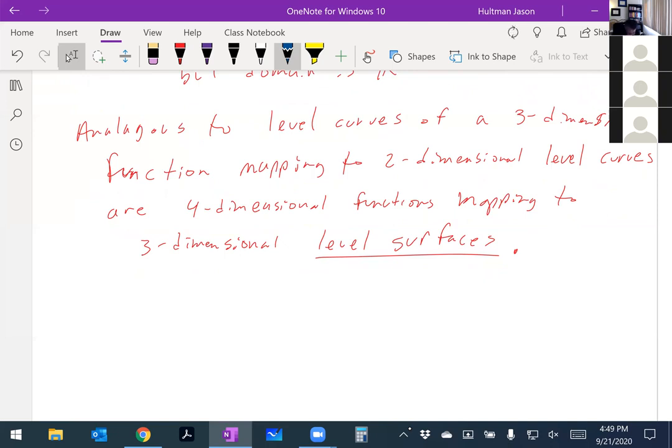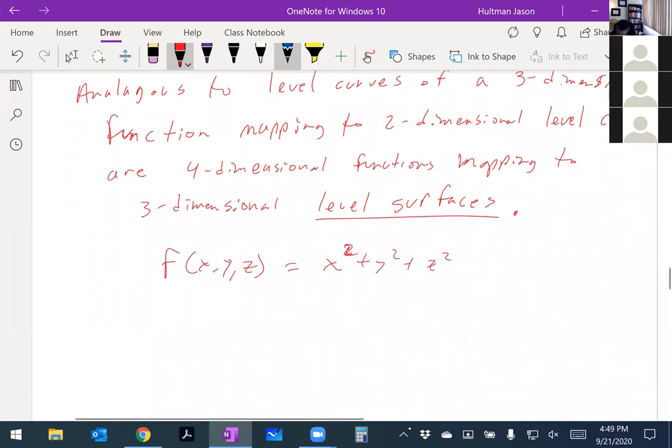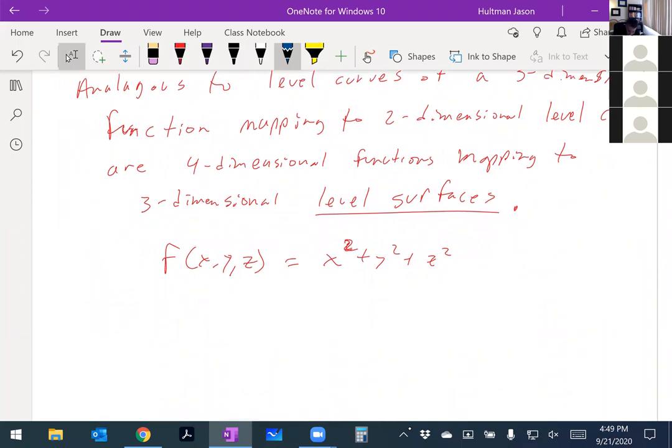Okay, so let's look at this here. We have f of x, y, z is equal to x squared plus y squared plus z squared, right? So for a level surface, let f of x, y, z equal k for level surfaces.